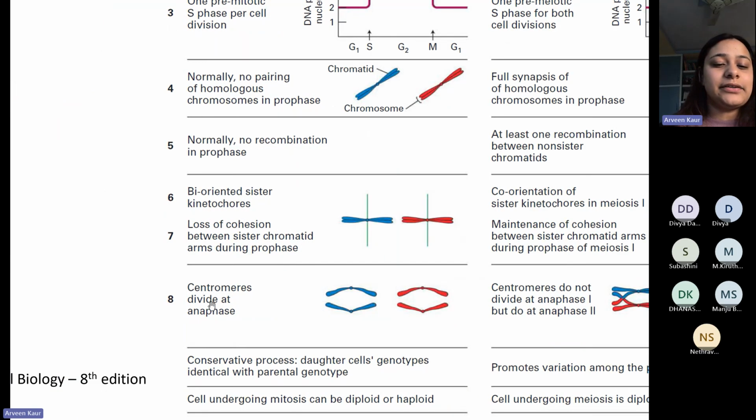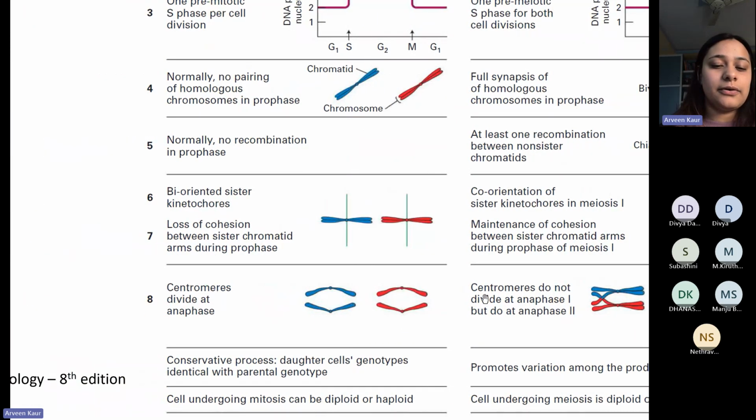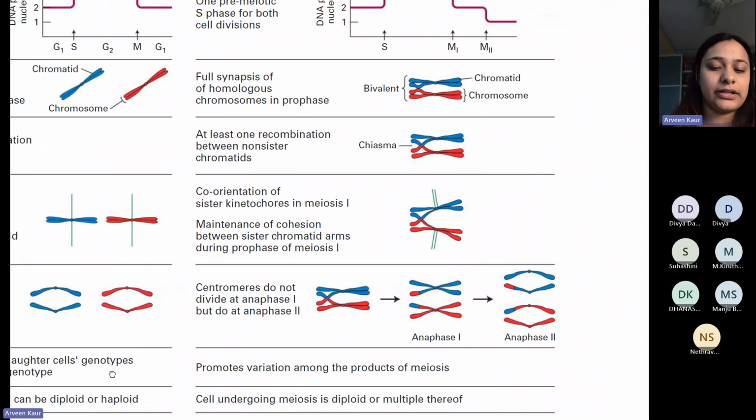Okay. Then centromeres divide at anaphase, but in meiosis, centromeres will not divide at anaphase 1, but they will divide at anaphase 2. Okay. And mitosis is a conservative process, and the daughter cells' genotypes are identical with the parental genotype, and the cell undergoing mitosis can be diploid or haploid.